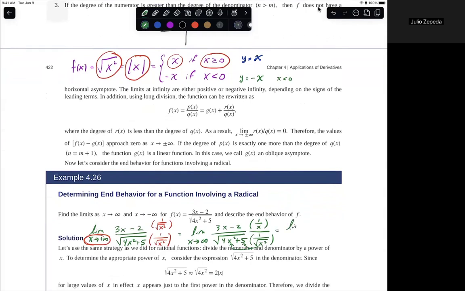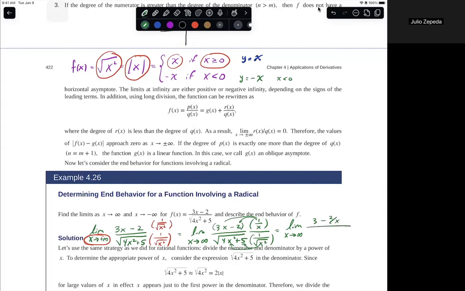And so that's going to give me the limit as x approaches infinity of, let's see, 3x times 1 over x is 3, minus 2 over x. That's the numerator.